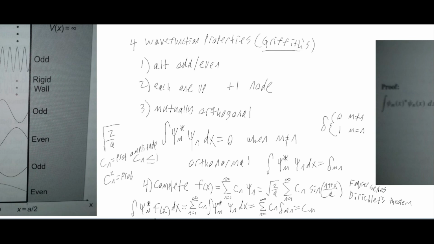They are mutually orthogonal. So if m does not equal n, then the integral will equal 0, the integral just being a continuous sum. And they are complete. So alternating, each plus one node, mutually orthogonal, and complete.